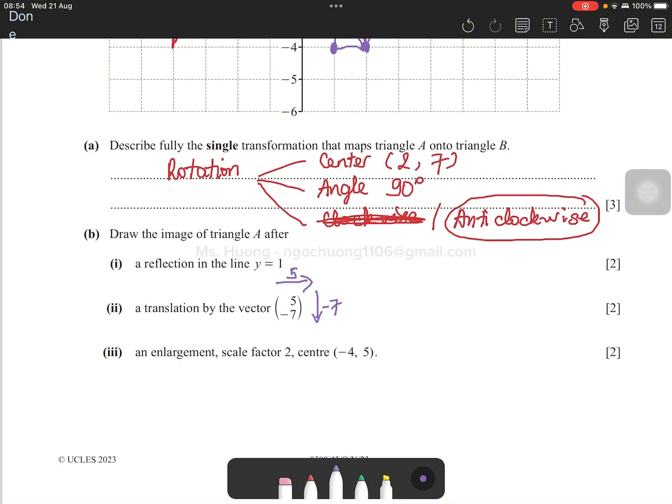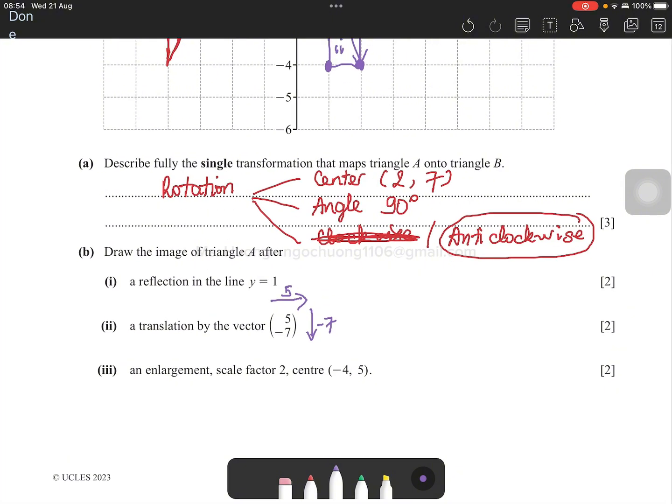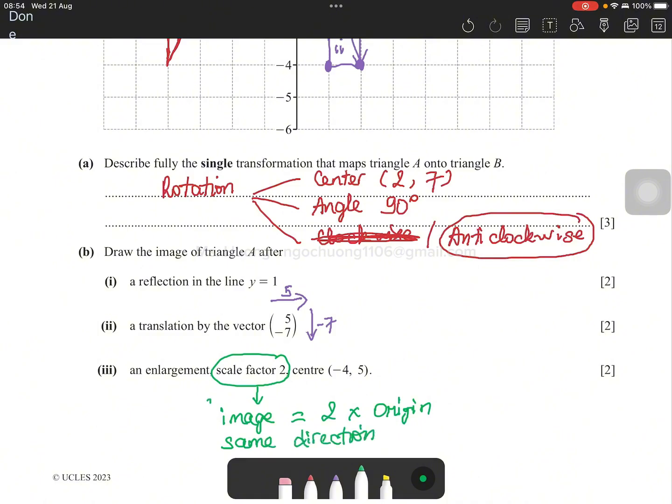And finally, B3, an enlargement scale factor 2, center (-4, 5). The scale factor of 2 means the image is twice the original, and they are in the same direction from the center.